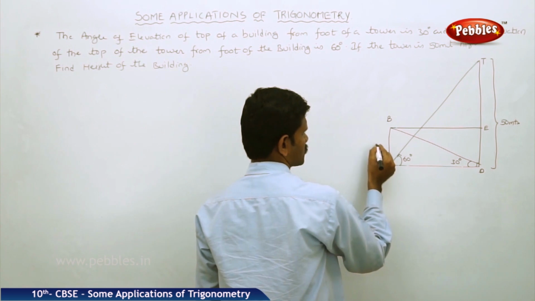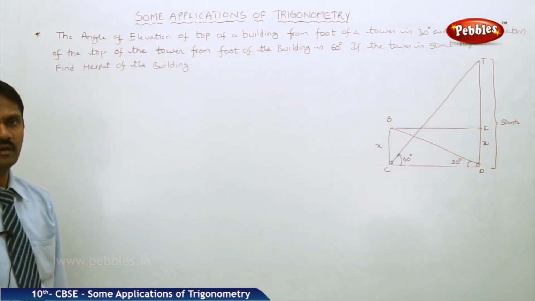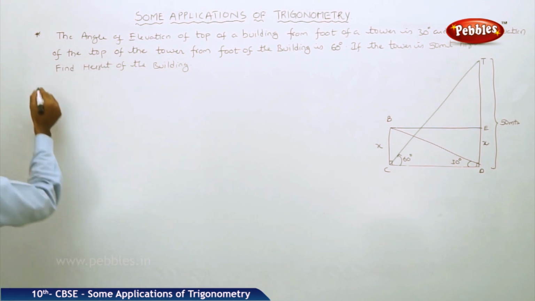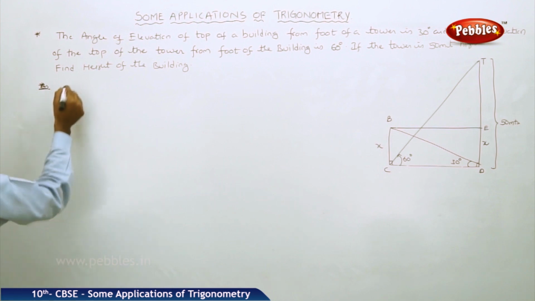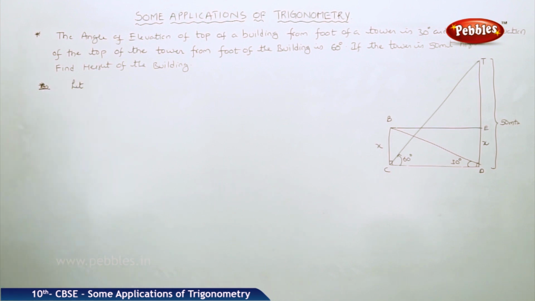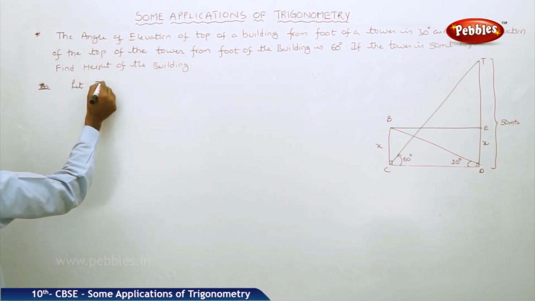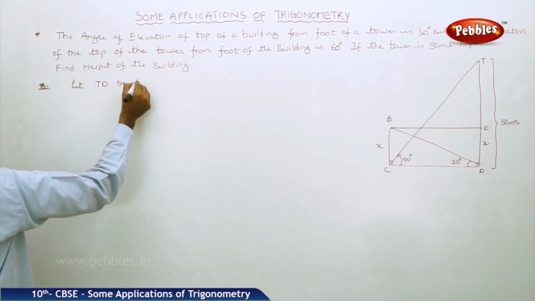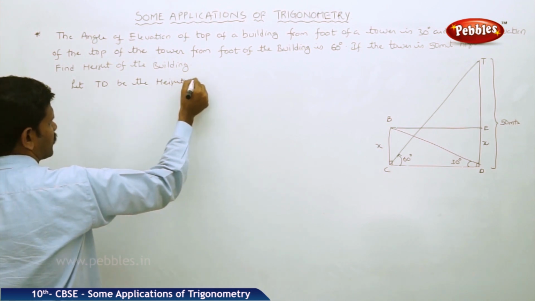Let us suppose this is X, this value is also X. Now let us consider, let TD be the height of the tower.